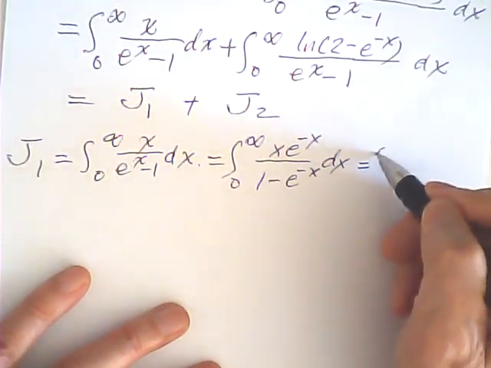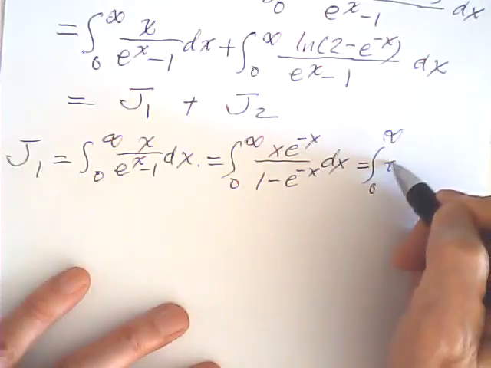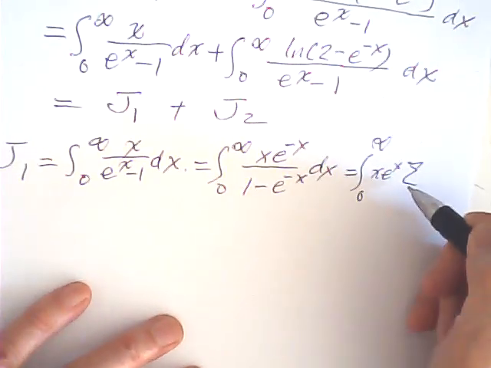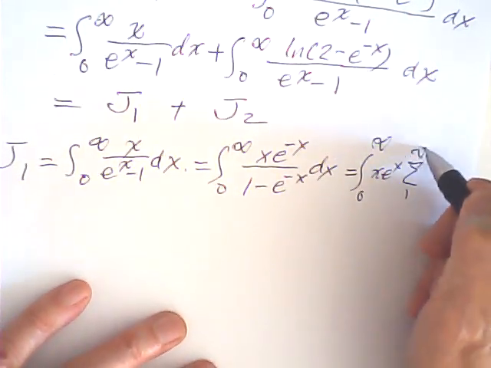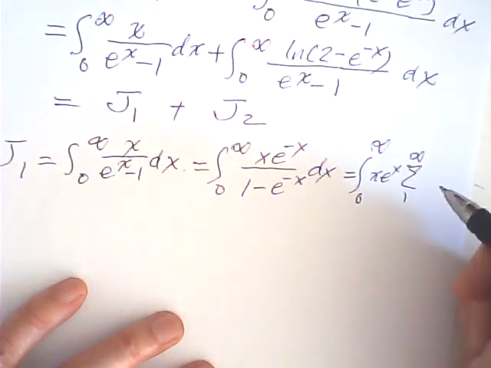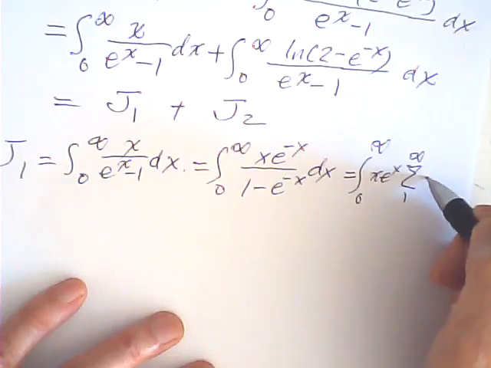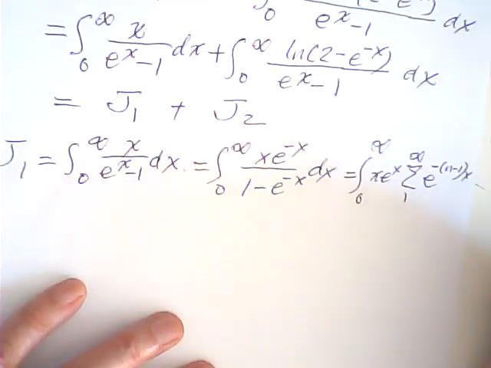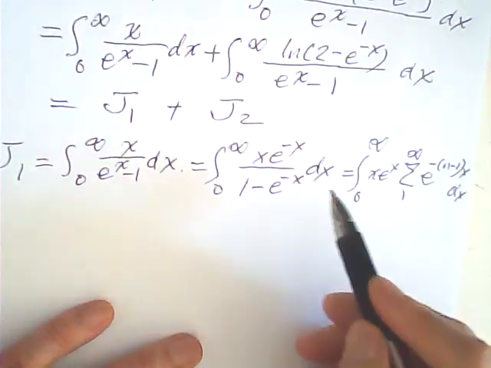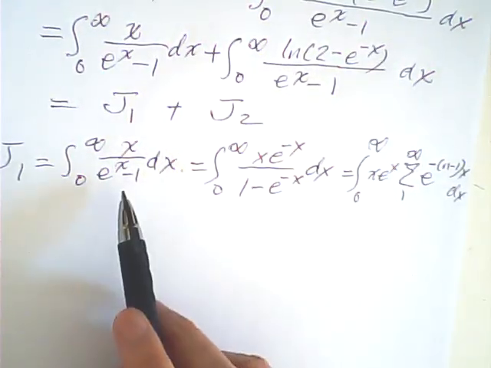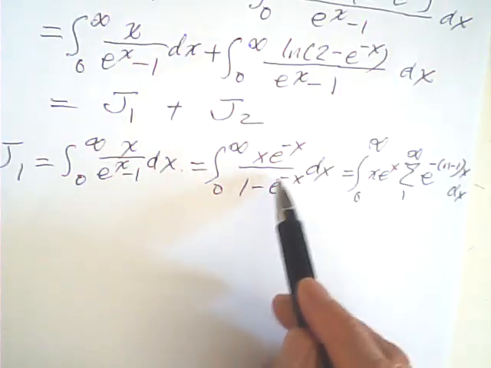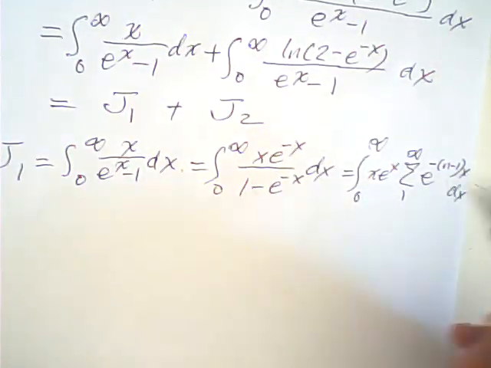So this is equal to the integral of x e to the negative x times the power series, sum from n equals 1 to infinity of e to the negative (n minus 1) x, dx. Since this is less than 1, I can do it as a power series.